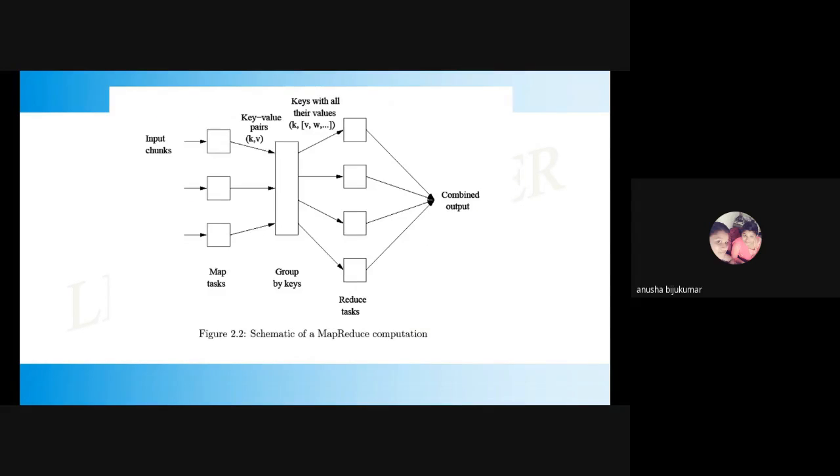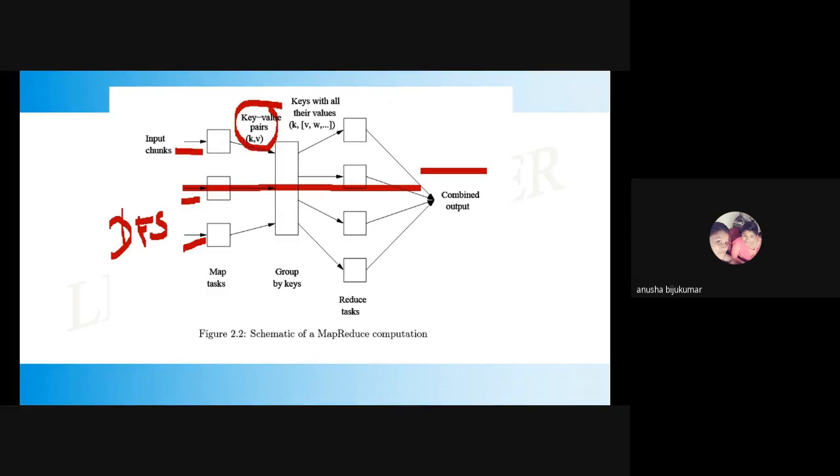Okay, schematic diagram of MapReduce computation. So here we will be using a DFS. From the DFS you will get some input chunks. These input chunks are fed to map tasks, and map tasks will generate key value pairs.